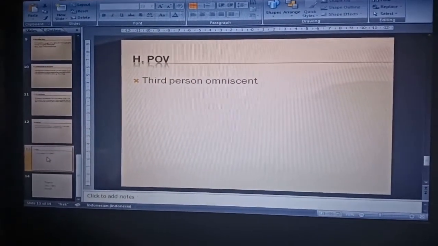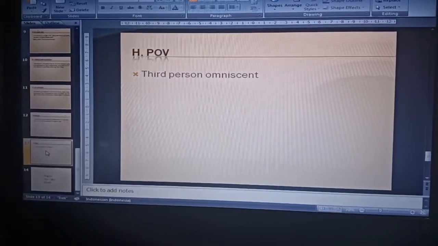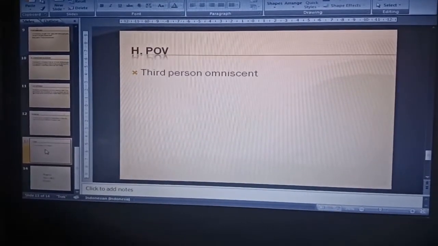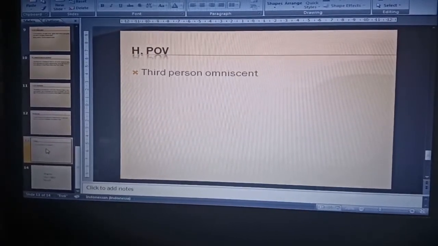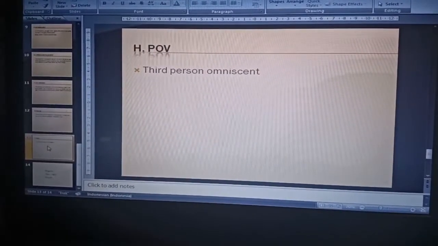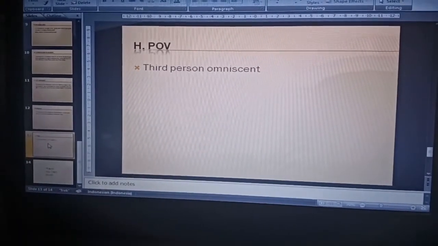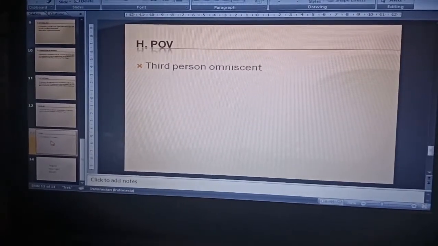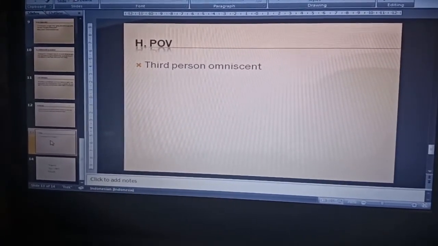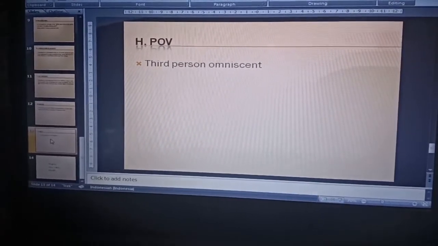Alright, last but not least, POV or point of view. In this story, we got third person omniscient point of view because we know that the narrator acts like God. The narrator knows everything in the story, everything in the characters, in the inner of the characters.